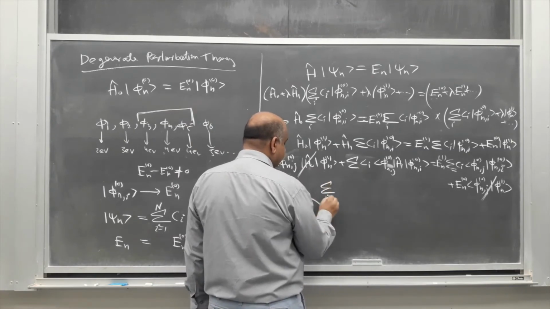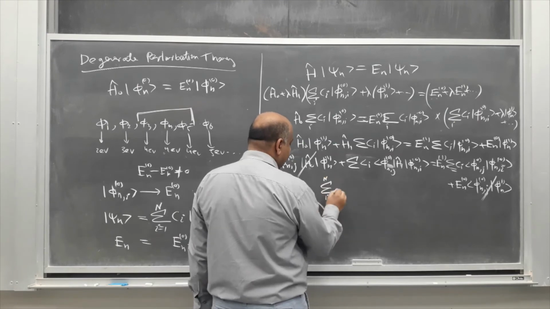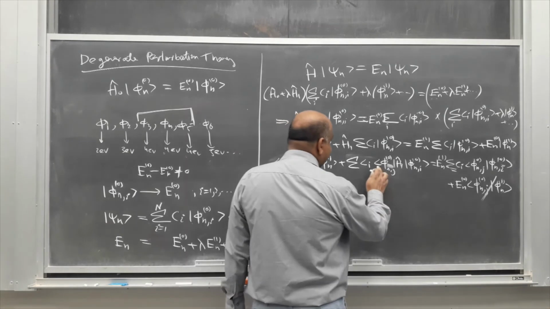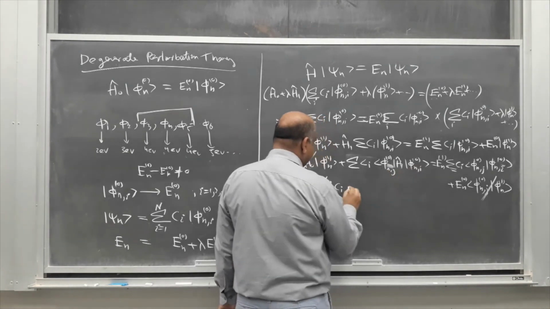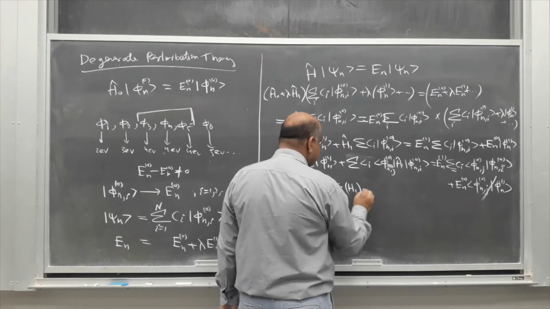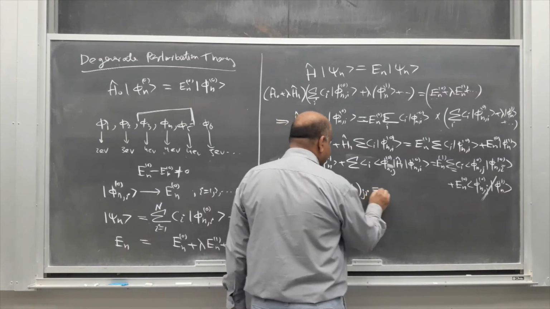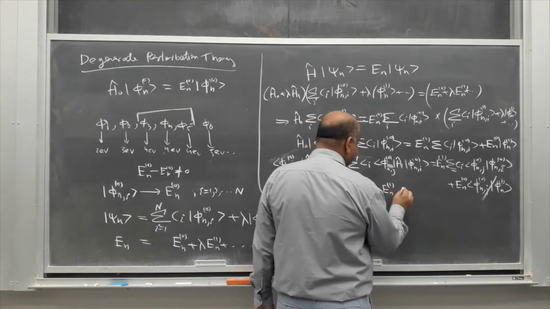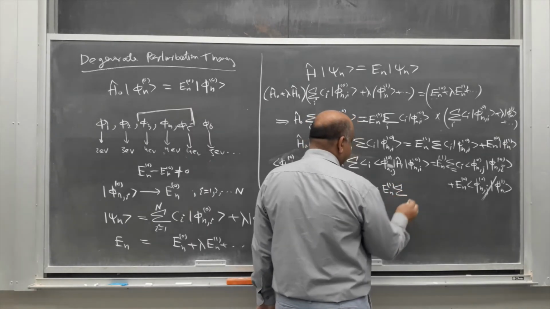sum over i 1 to n Ci. And let me give a special name to this product. Let's say it's h1 ji, and on the right side I have En1 Ci.